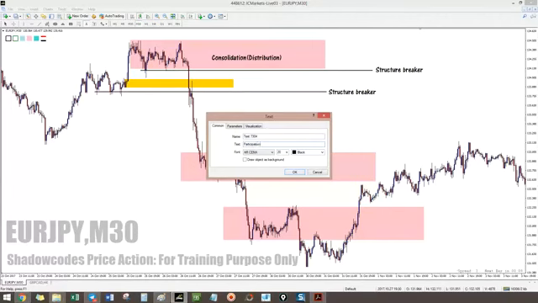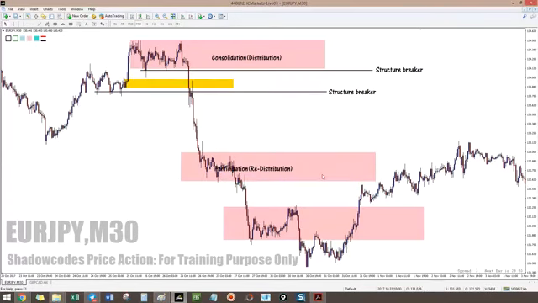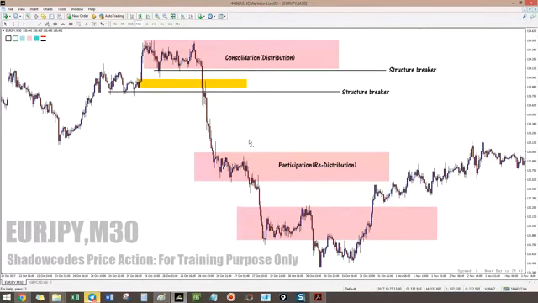Participation or redistribution. Okay, participation or redistribution. So over here, can you take a trade or not? Can. Okay, so over here, what do you find? How can you enter?